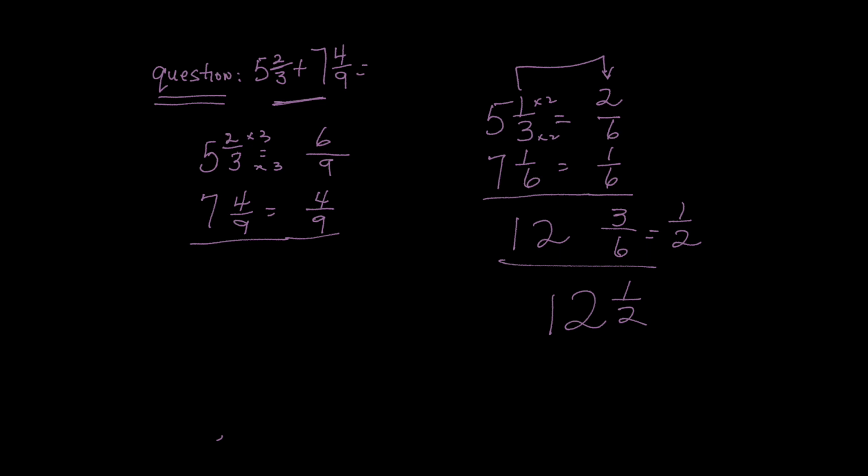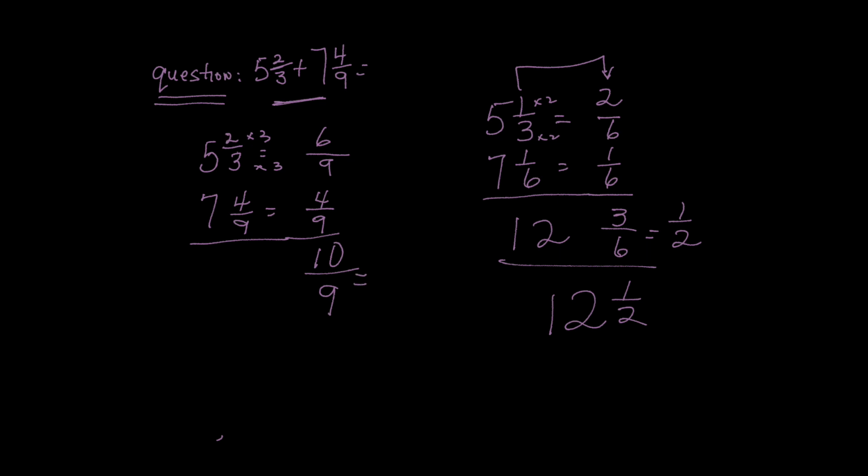In order to change these to common denominators, we had to change them to ninths, because we can see clearly that we go 3 times 3 to get to 9, and we already have 9, so there we've got common denominators. 3 times 2 is 6, and now we can add these fractions together, in which case you can see we have 10, because 6 ninths plus 4 ninths is 10 ninths.